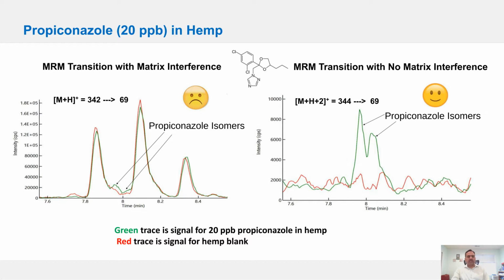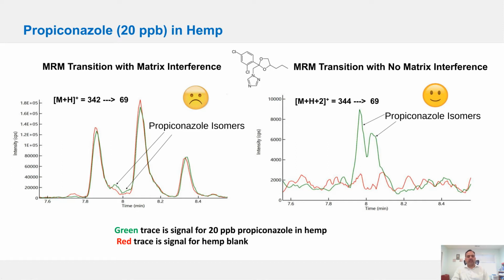So when you see this slide on the left, you will notice that when we use MRM transitions based on the monoisotopic mass of 342 for propiconazole, we see a lot of matrix interference. But when you see on the right, when we use MRM transitions based on M plus 2 isotope of propiconazole, then the red trace shows that the matrix interference is minimized and we can improve our detection limits by a factor of 10.